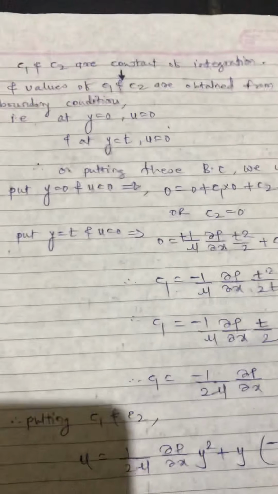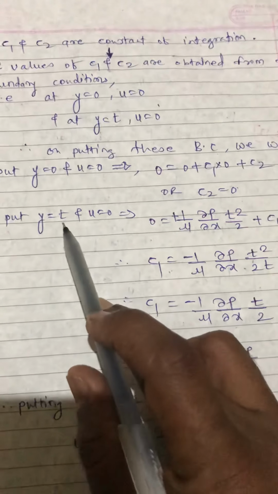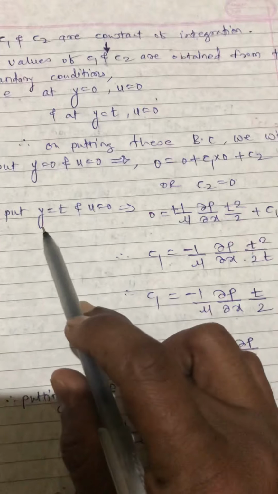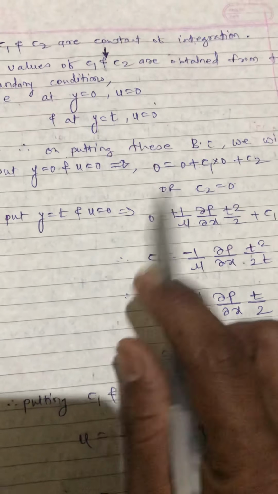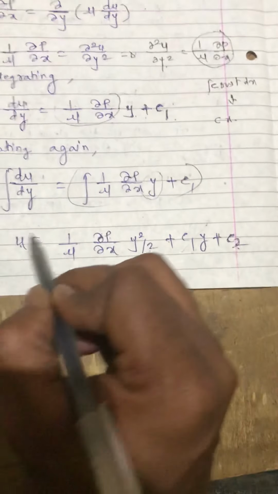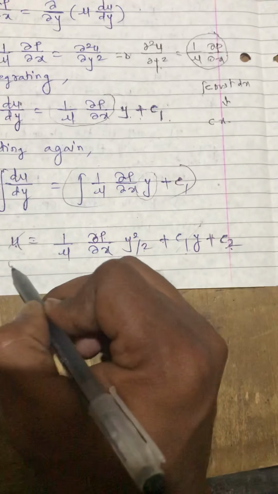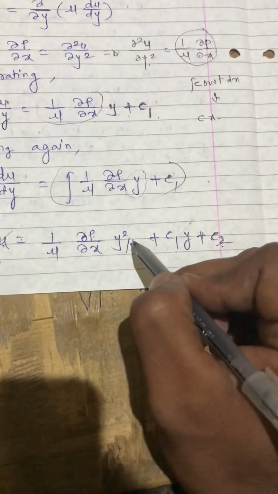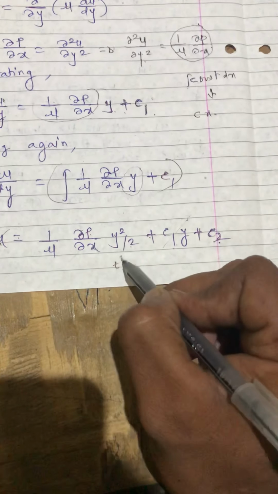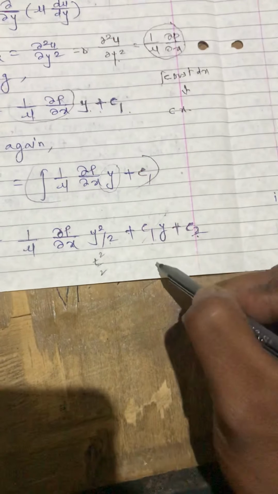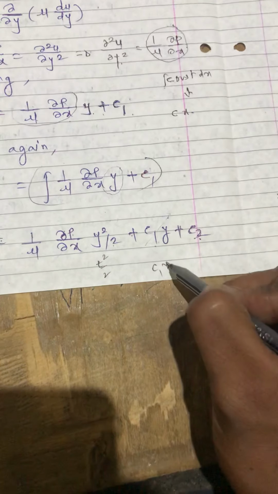Now next, put y equal to t. For y equal to t, u is equal to 0. So put y equal to t and u equal to 0. So this is nothing but 0. Here, instead of y, it will become t square by 2, and instead of y, it will become c1 into t.